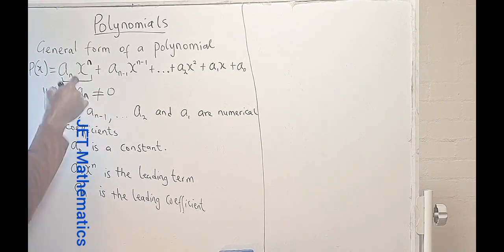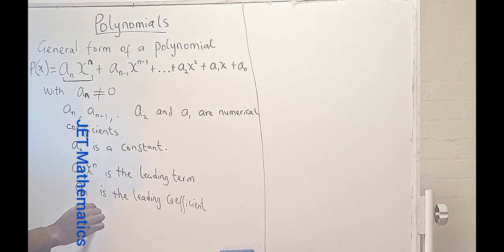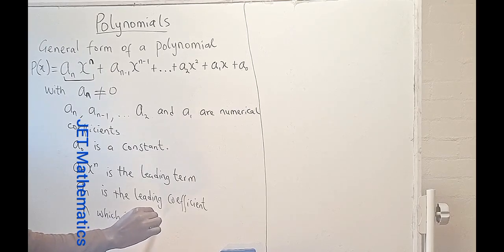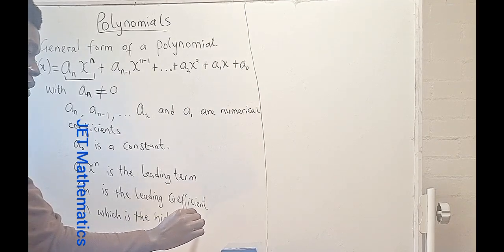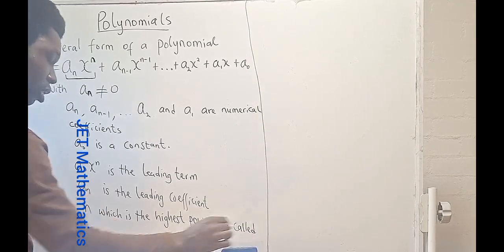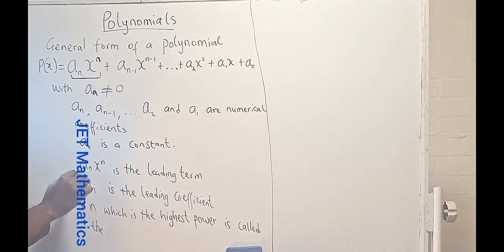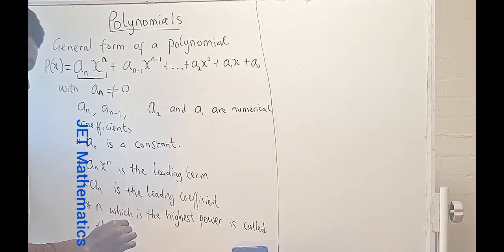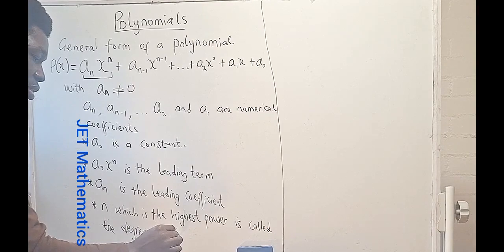Then n here, which is the highest power, is called the degree of the polynomial p of x.